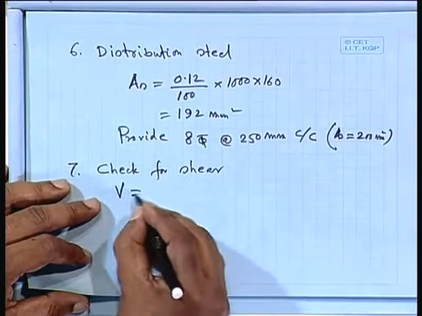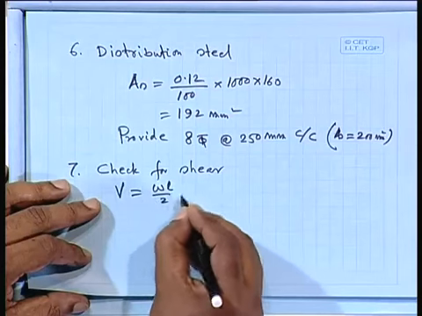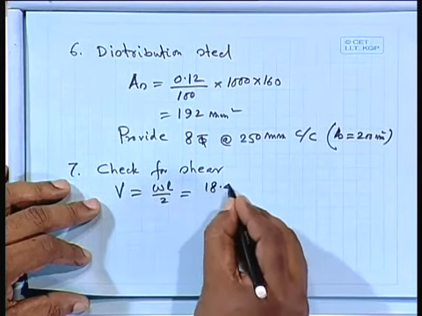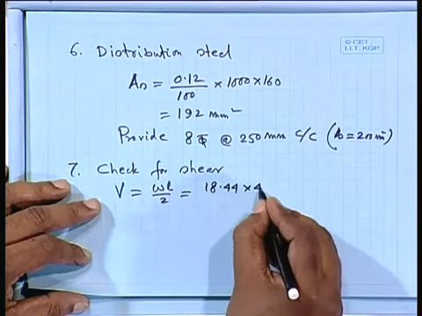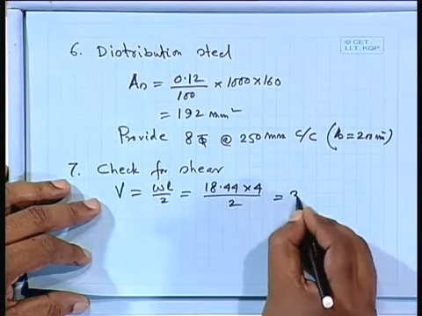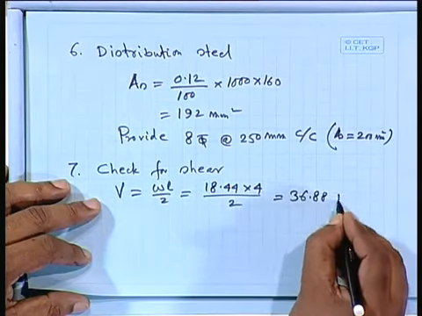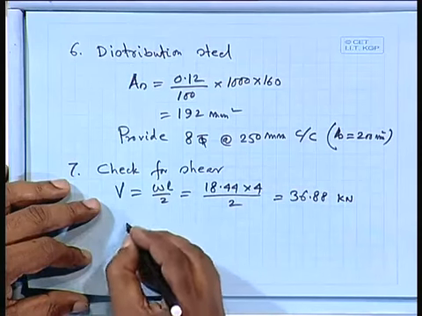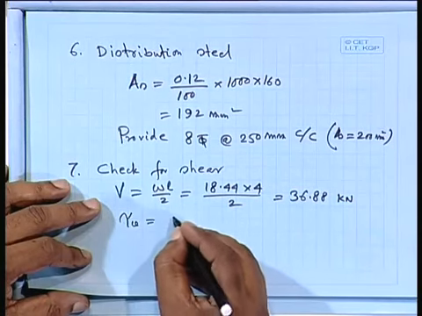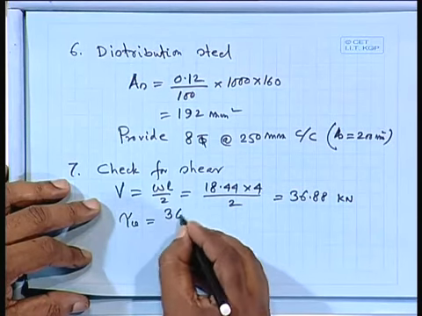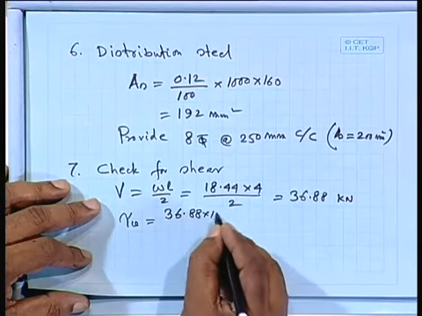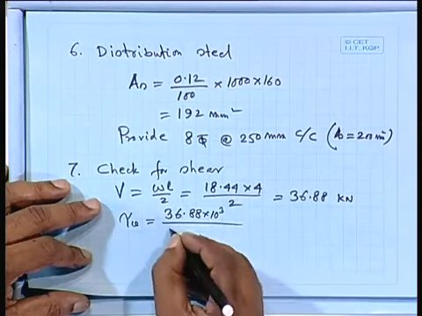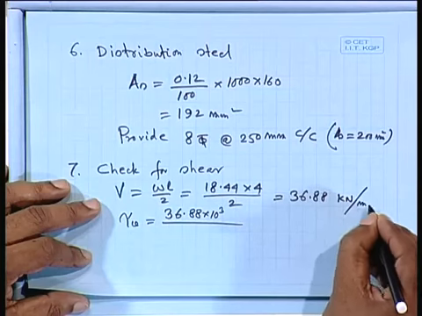So shear force V will be equal to WL by 2, equal to 18.44 times 4 divided by 2, equal to 36.88 kilonewton. So tau V equals 36.88 into 10 to the power 3, and we are taking this on per meter width.